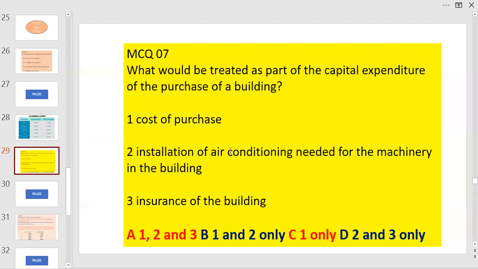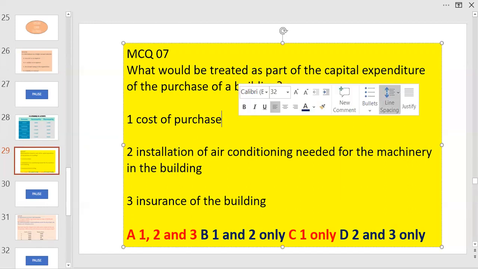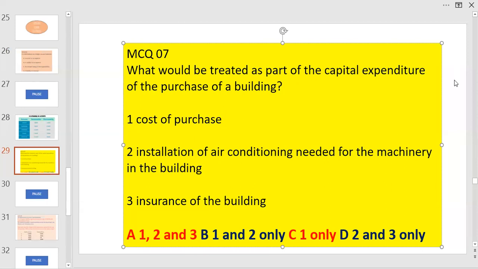If you see the cost of purchase of a building, that naturally will remain for a longer period. So therefore, that is a capital expenditure. Second one, installation of air conditioning. That is again an improvement of the building. That also will remain most of the time as long as the building is there.